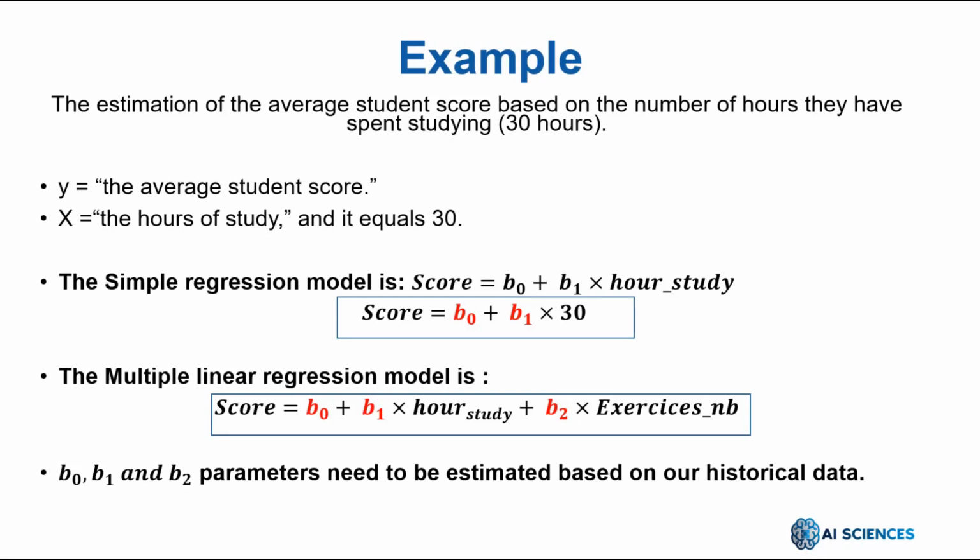The intercept b0 equals 1. The regression model we want for the score prediction is score equals b0 plus b1 times hour study. Score equals b0 plus b1 times 30. In this model, the b0 and b1 are coefficients. These coefficients are what we need in order to make predictions about our score.